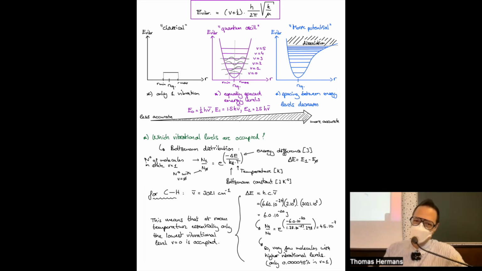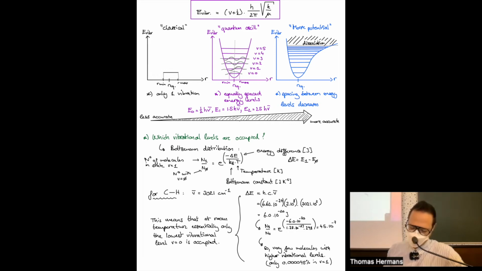Okay, so this quantum oscillator already has different energy levels. But you see that there's this whole number, right? So this is this V that is here. If we're in the lowest state, V is 0, then the energy would be half times h nu bar, the wave number, right?